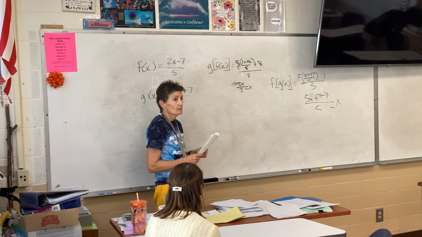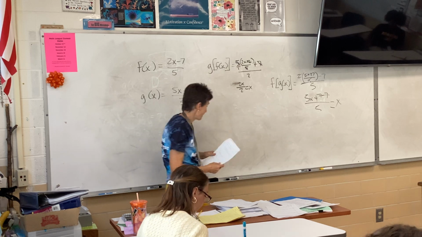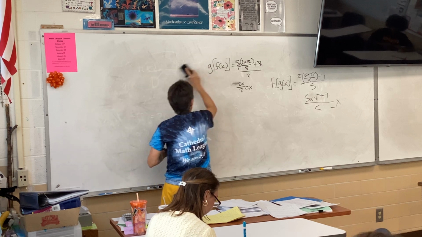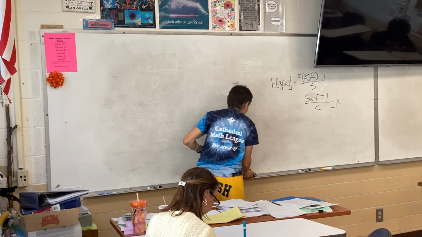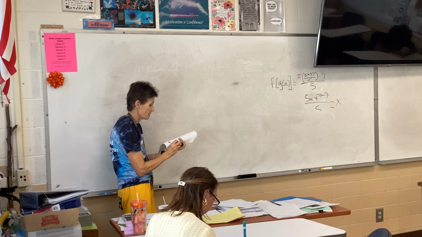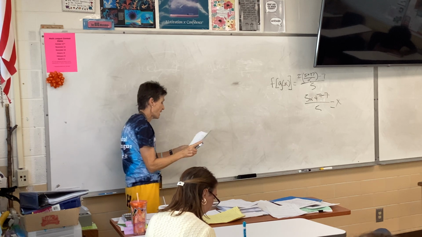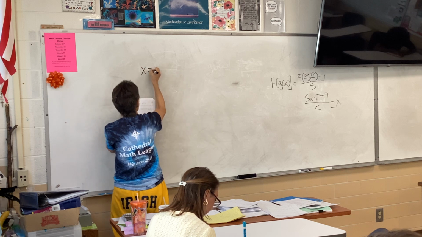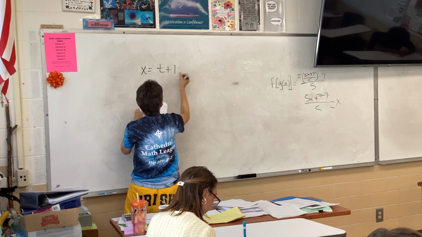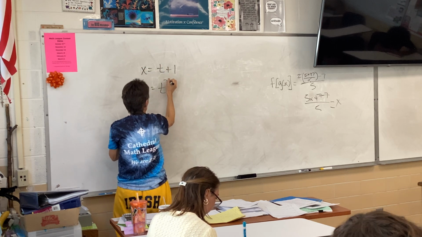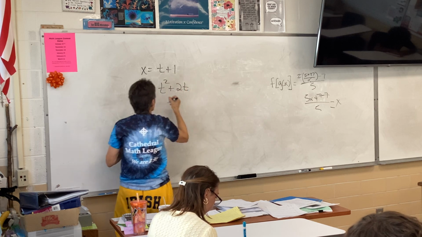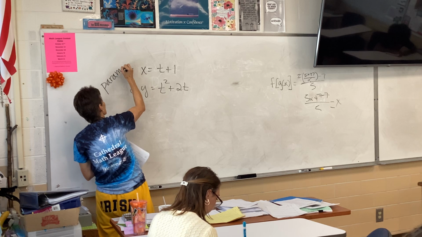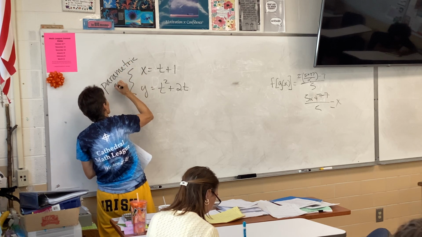All right, we got 5 minutes, gotta get through this next thing, here we go. Switching gears, section 1.5 has 2 topics in it. One is inverses, we've done that. Now we are going to do number 4. These are called parametric equations.